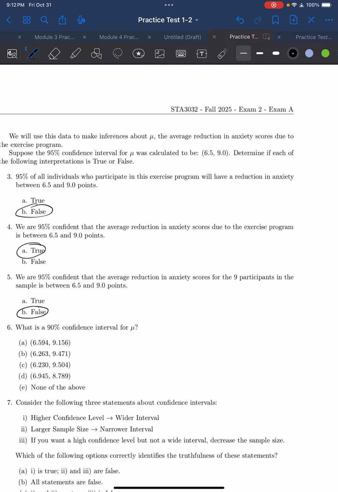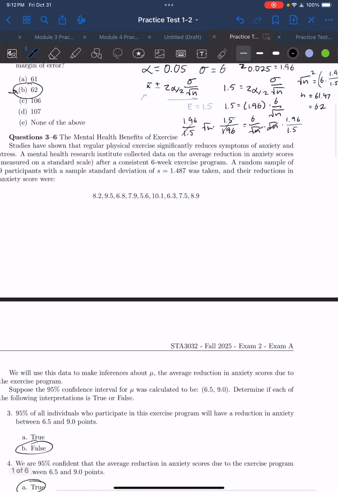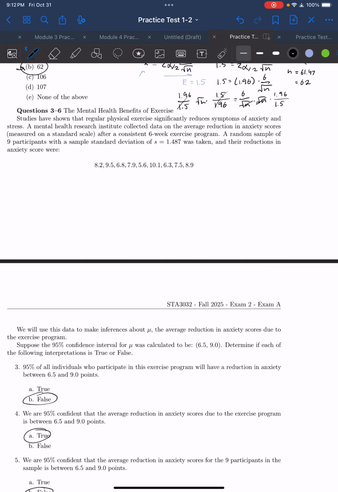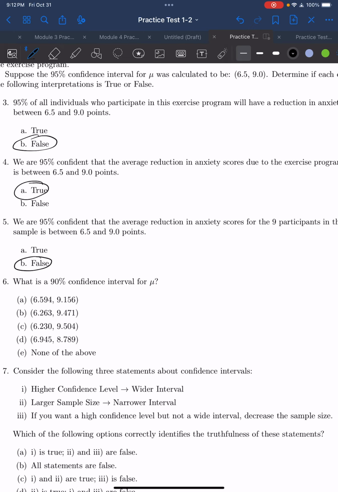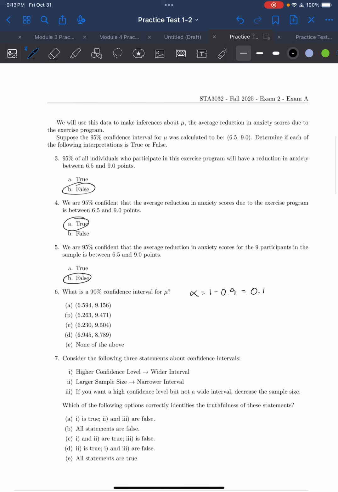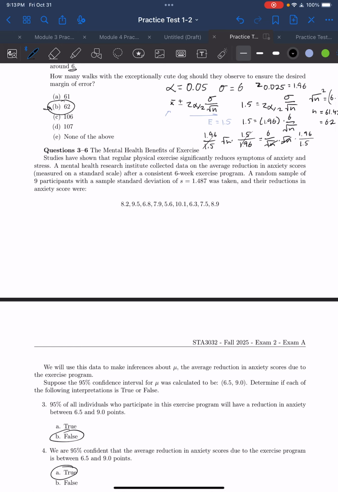And then, what is a 90% confidence interval for mu? So we can calculate that. Our 90% confidence interval means our alpha is 1 minus 0.9, which is 0.1. Let's see what information we have. We have our random sample of 9 participants, so this is our n.